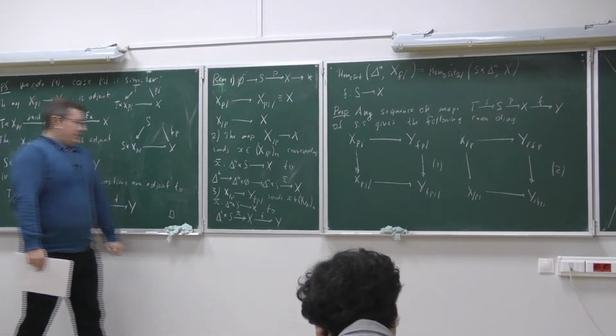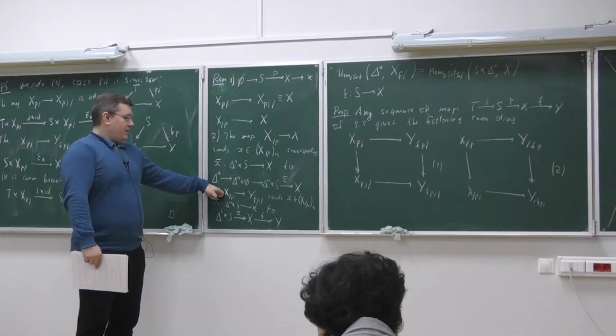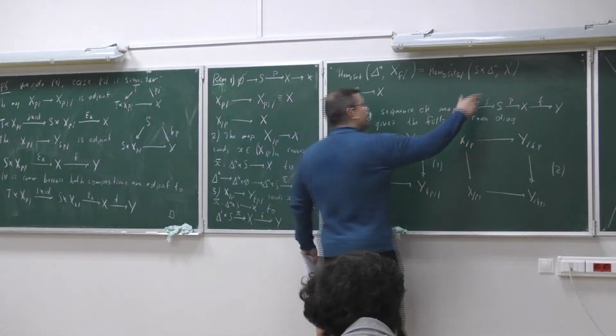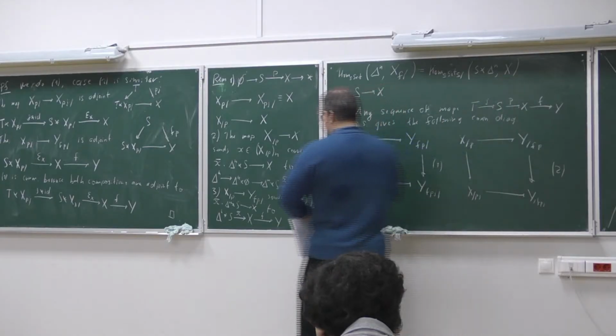I started with an n simplex in the domain, and in the target, the n simplex is supposed to be a map like this. Okay.